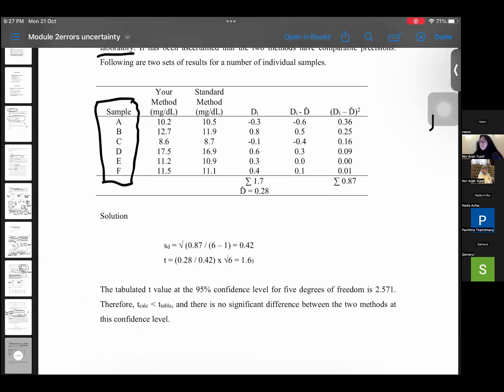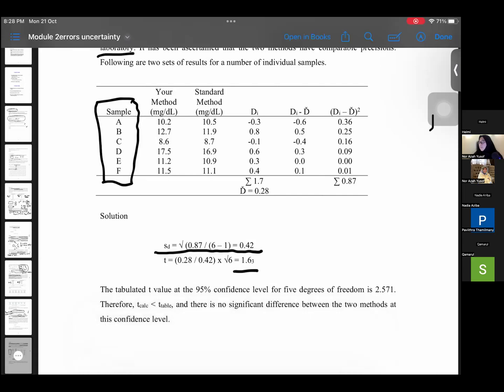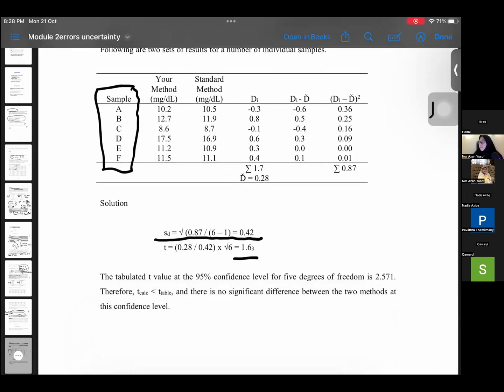By having the paired t-test, you can do multiple analytes instead of just a single analyte, but the procedure is the same. This time we are using SD. So the first one S, second one SP, and the third one SD. The formula is the same as long as you calculate the SD and then you get the value of T. Similar steps, you have to find the degrees of freedom, 5 degrees of freedom. Why is it 5? 1, 2, 3, 4, 5, 6. So 6 minus 1.